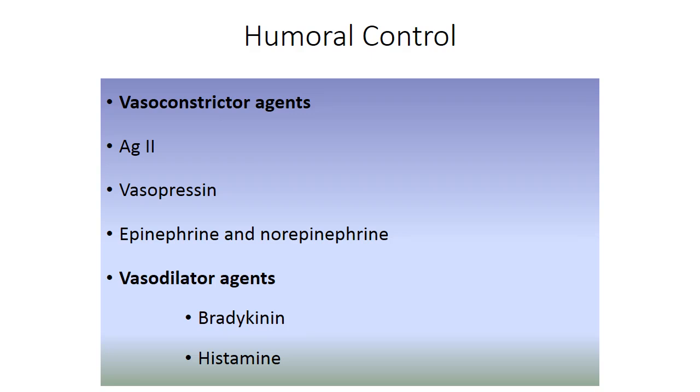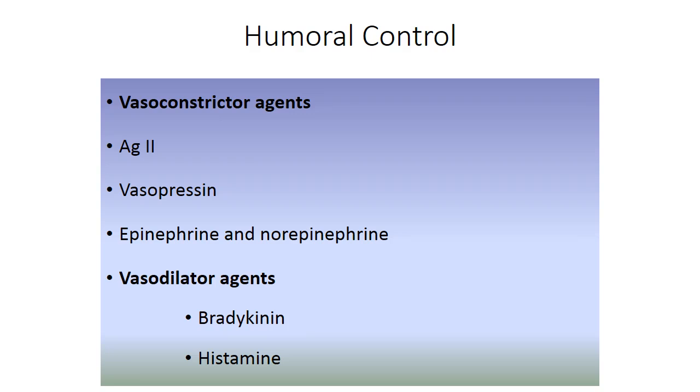Let's explain more about the humoral control of blood circulation. Angiotensin II, as you know, is the most powerful agent for vasoconstriction of humoral control.